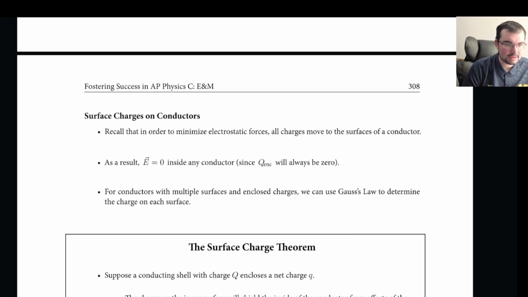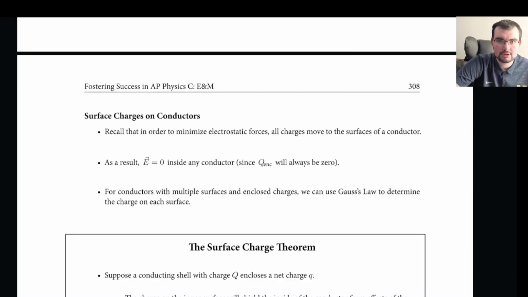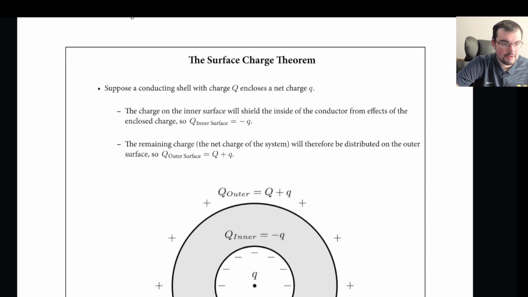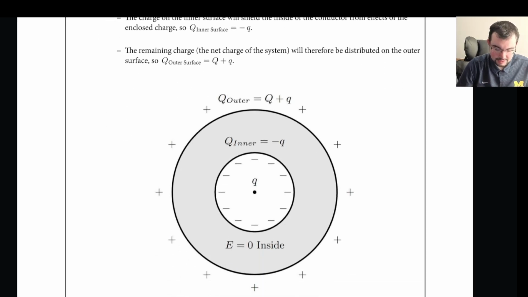So we can figure out how charges are going to distribute themselves on conductors with multiple surfaces. If your conductor just has one surface, like a hollow sphere, all your charge is going to go on that outer surface. But if you have something with an inside and an outside, it's going to distribute like this.